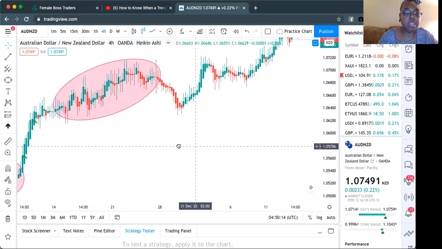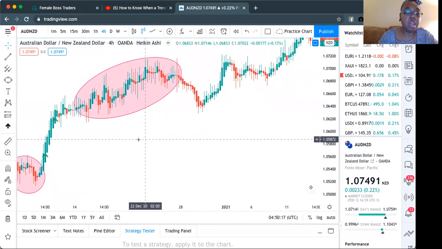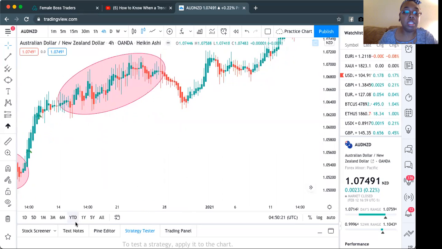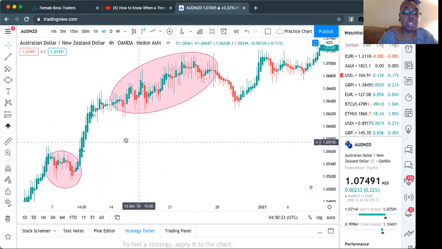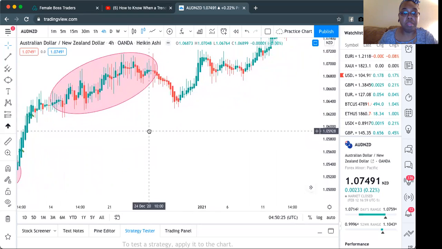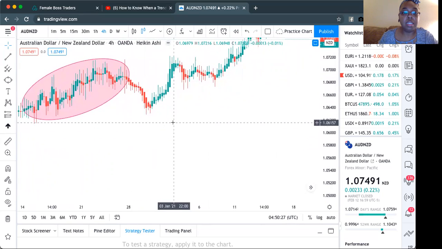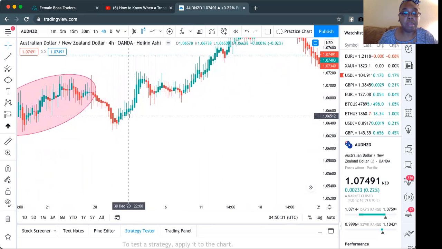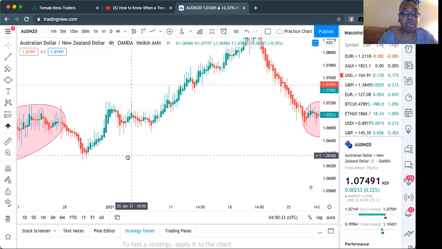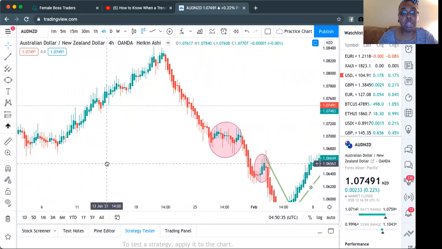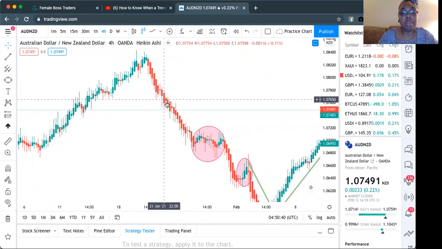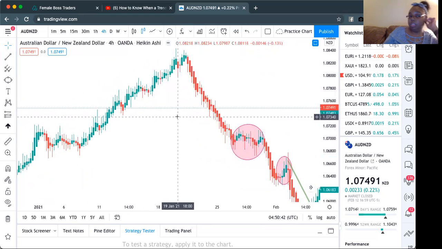So I wouldn't have done anything. I would have just waited, y'all, because there's a lot of consolidation. Might could have caught something in here, maybe, but I would have waited. Actually, I would have waited till I probably got right in here and ride this baby down. That's what I would have done.